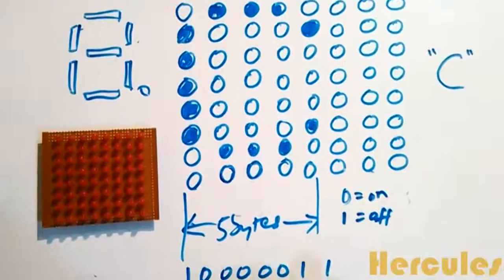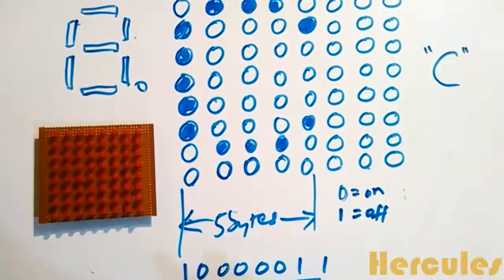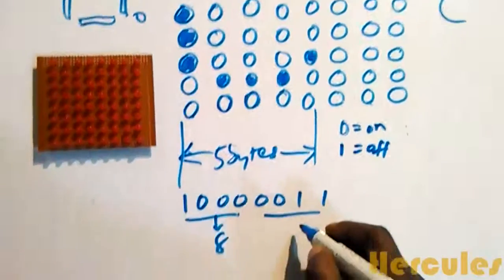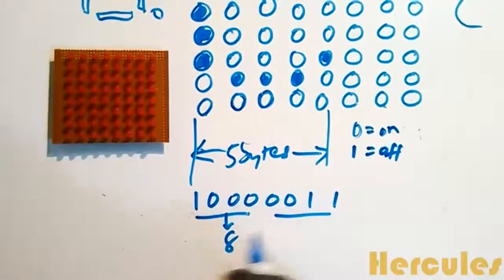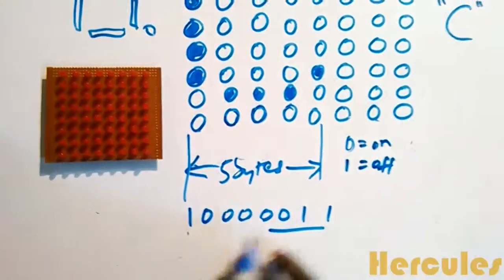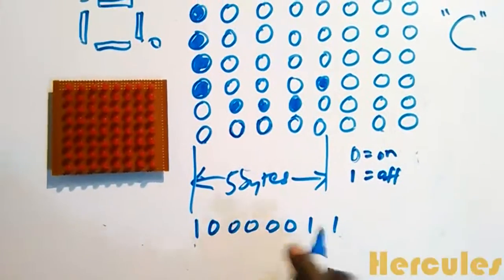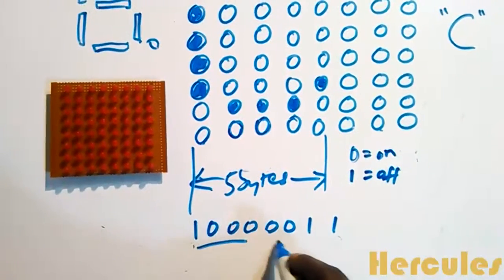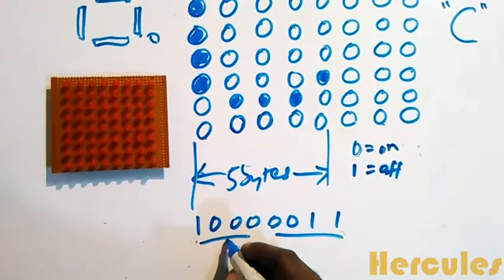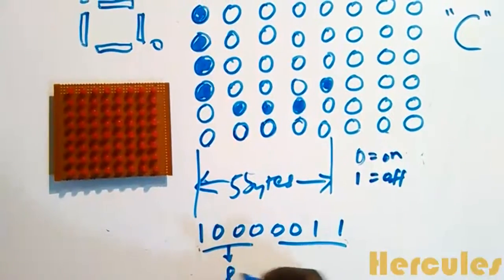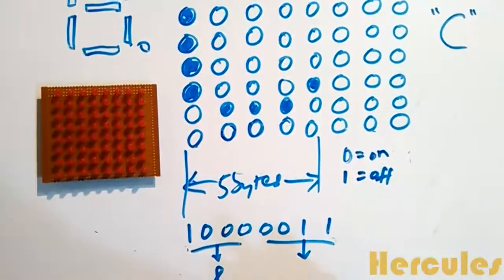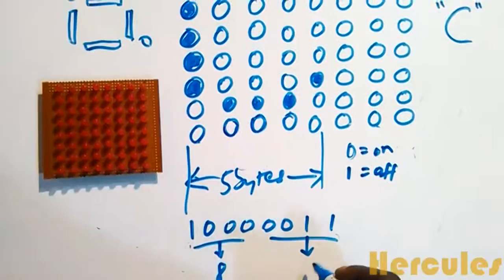If we take these 4, this is actually going to give us 8. If we take these 4 together and group them, here we have 100, which will give us 8. You can check that using your calculator, and 011 will give us 3.